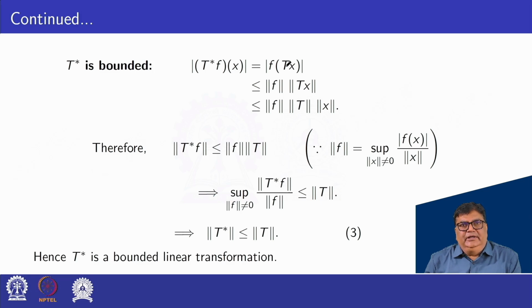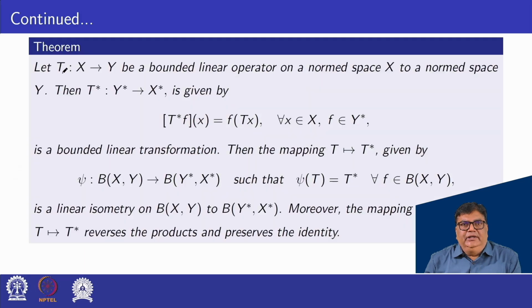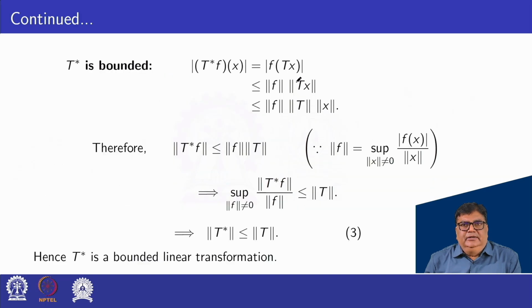Okay, here T is a bounded linear transformation or bounded linear operator. Then this can be written as less or equal to norm of T into norm of x. That is, modulus of T star f of x is less or equal to norm of f into norm of T into norm of x.